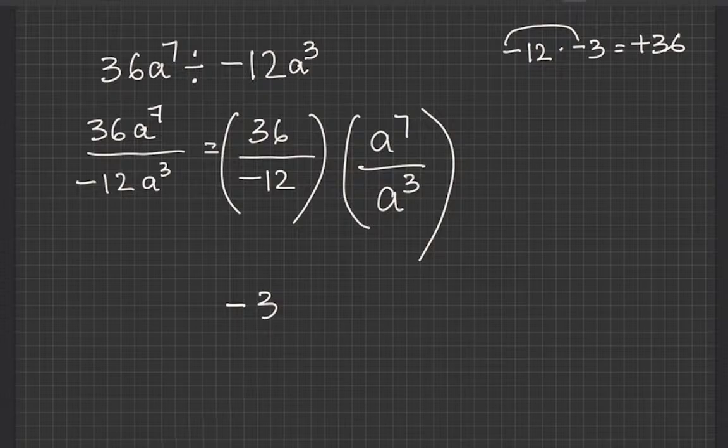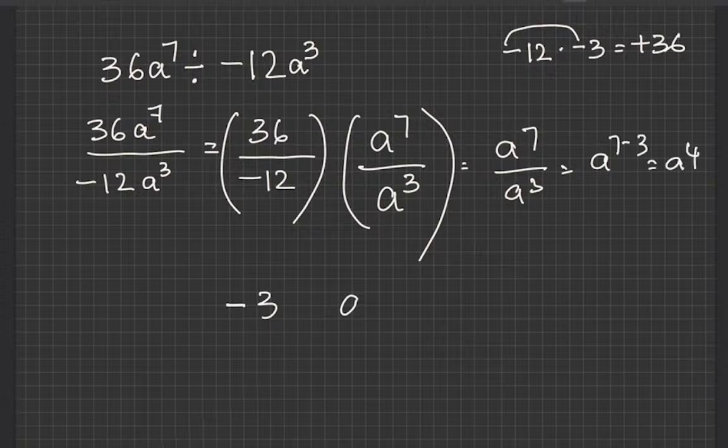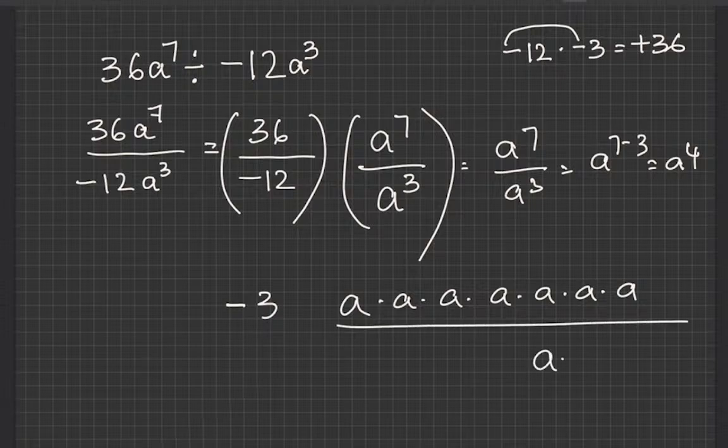Now a to the power 7 by a to the power 3 is a to the power 7 minus 3, which is equal to a to the power 4. I showed you a to the power 7 means a times a times a times a times a times a times a, 1, 2, 3, 4, 5, 6, 7, divided by a to the power 3, that is a times a times a.